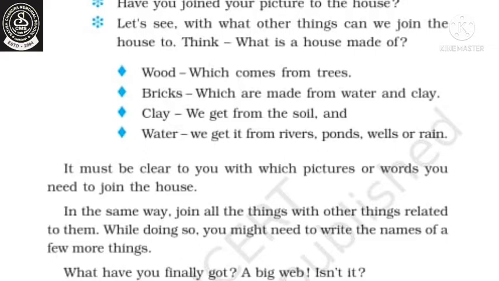We use water and clay. Now what is clay? We get clay from soil. And at last water. We get water from rivers, ponds, wells, and even from rain. Isn't it? So these are the things that we need for making a house.